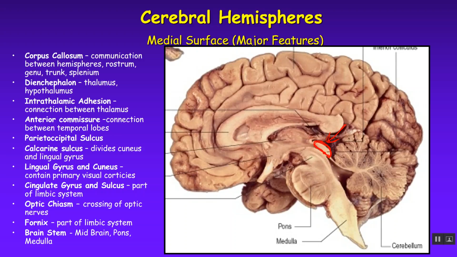So the corpora quadrigemina and the superior and inferior colliculus collectively form that tectum of the midbrain, but you only call it the tectum when you're looking at it in a sagittal view. When you're looking at it from the back, you call it the corpora quadrigemina, or specifically those inferior and superior colliculi individually. Okay.